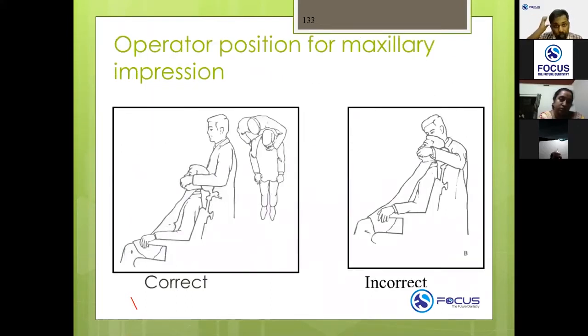Now, operator position for maxillary impression. While taking the maxillary impression, the operator should be behind the patient, and the head position of the patient should be at the elbow level of the operator.